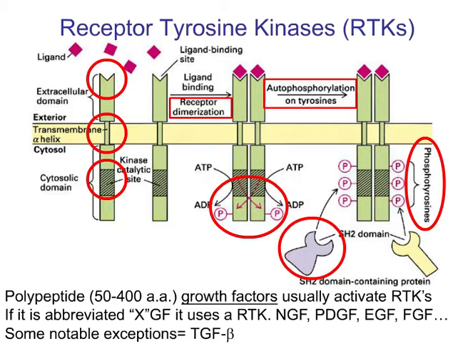For example, NGF or nerve growth factor, platelet-derived growth factor, epidermal growth factor, fibroblast growth factor, vascular endothelial growth factor, etc., all use receptor tyrosine kinase mechanisms. There is one notable exception, the transforming growth factor beta superfamily, which we will be discussing later in this learning module.